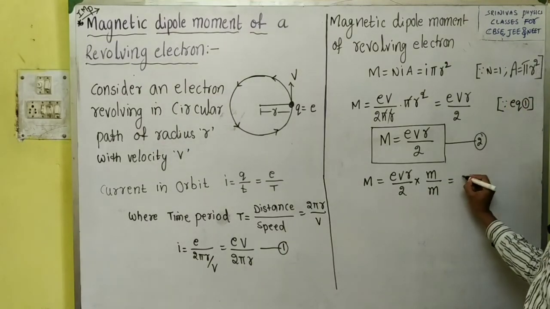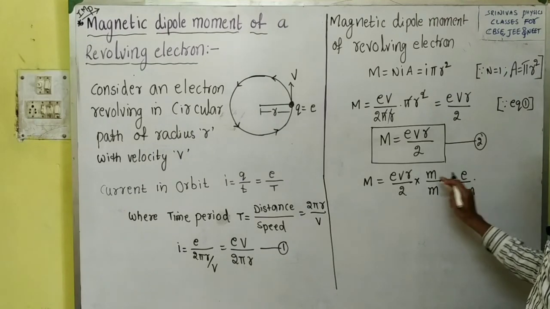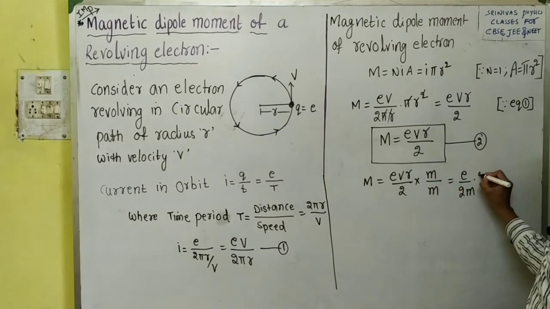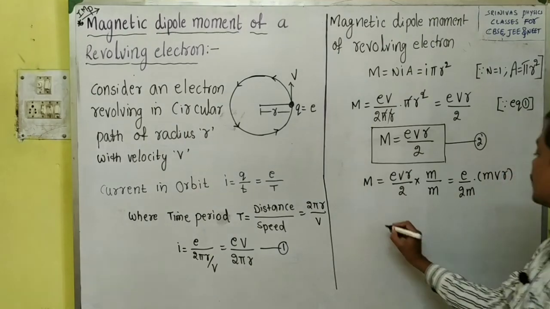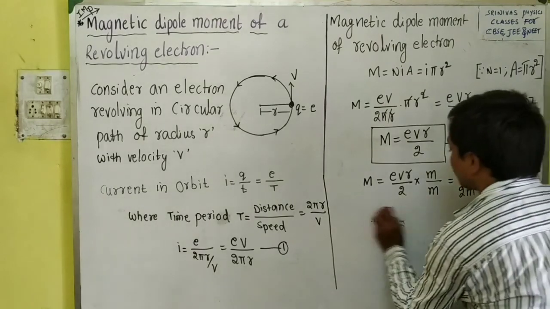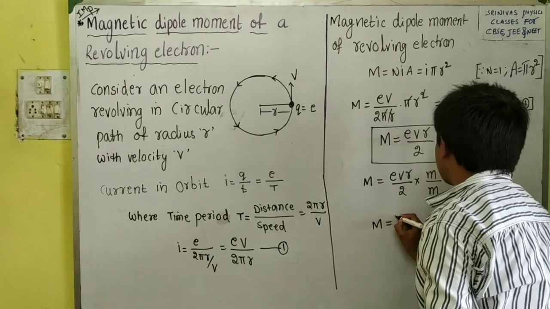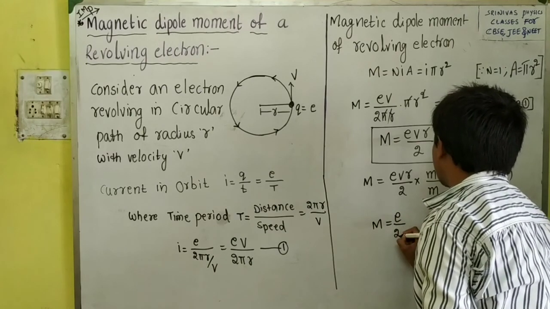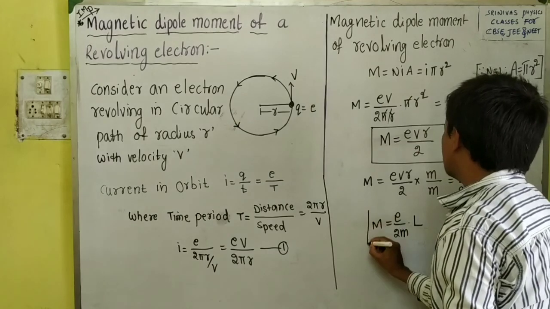Then we write e by 2m into the remaining mvr. You know already that mvr is the formula for angular momentum. So e by 2m into capital L.